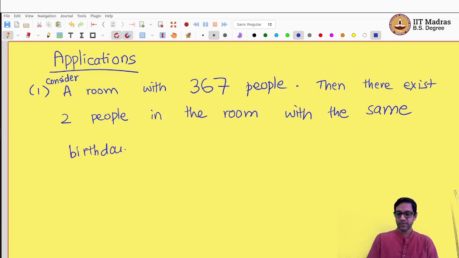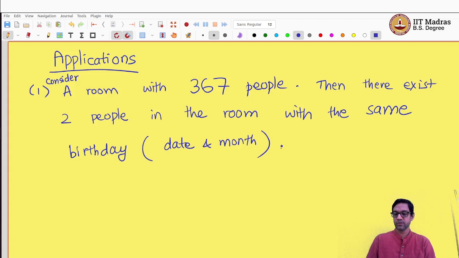And when I say birthday, I just mean the date and month. So let's see what this has got to do with the pigeonhole principle. Well, what are the possible birthdays? What are the possible dates and months you can have? Well, there are 365 days in a typical year, 366 if you count a leap year.